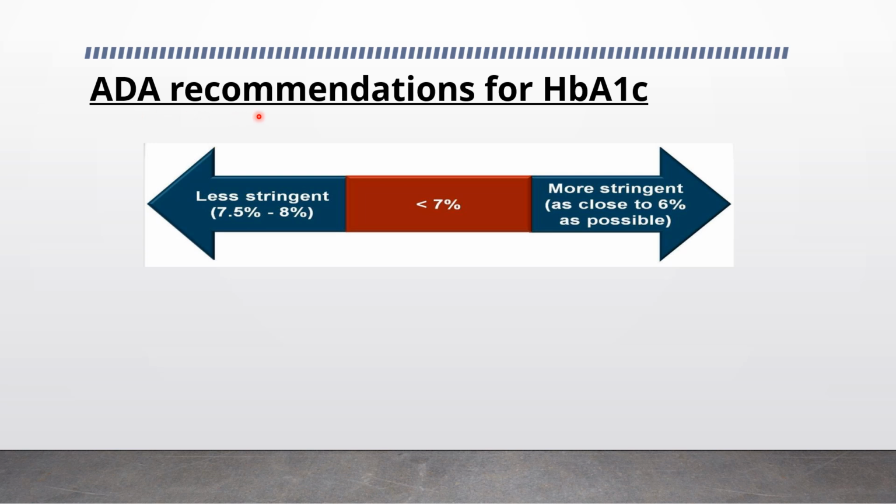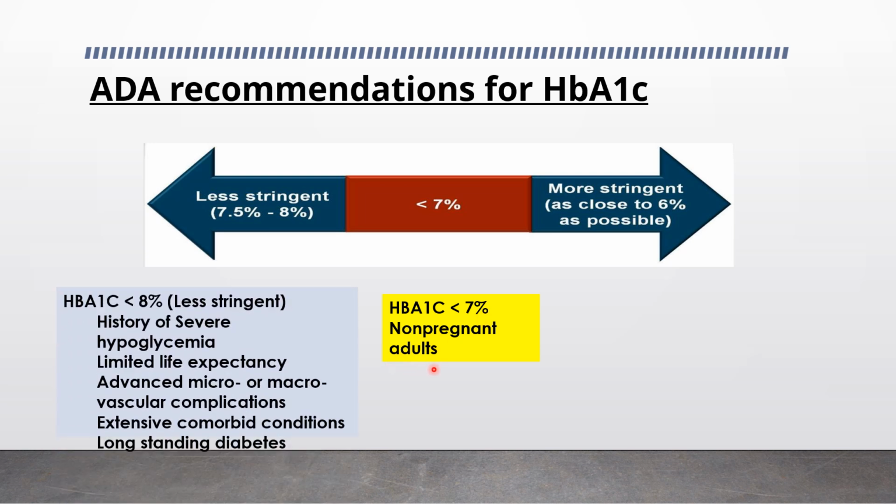So now let's discuss the American Diabetes Association recommendations for HbA1c levels. The general target is less than 7% for all adults, while these targets are a little bit relaxed in patients who have comorbid conditions or long-standing diabetes or limited life expectancy.